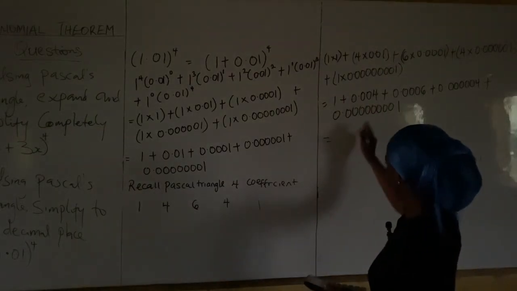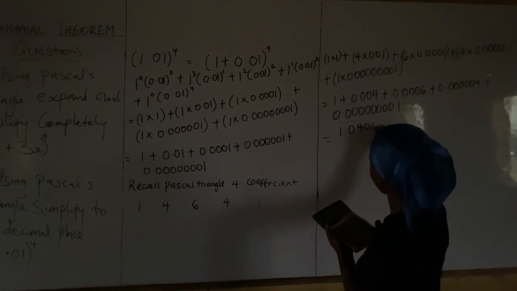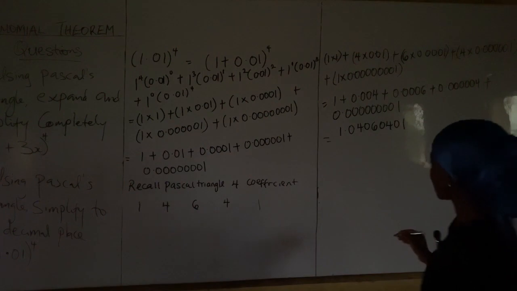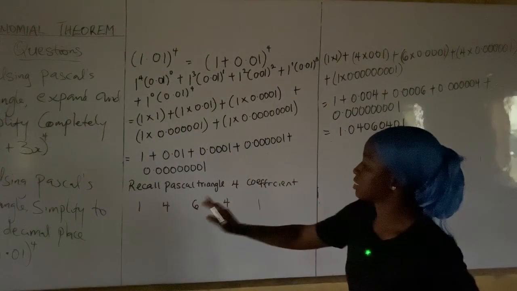So now our answer is 1.04060401. Now the question asks you to round it up to 5 decimal place.